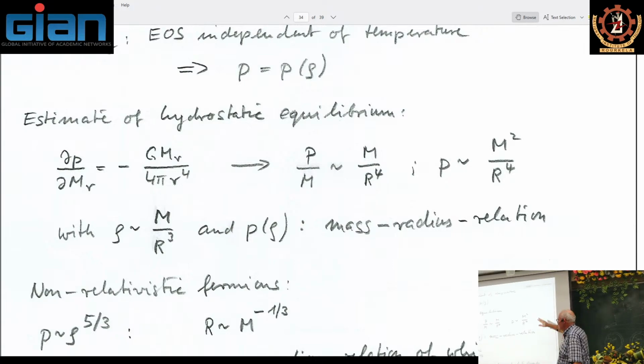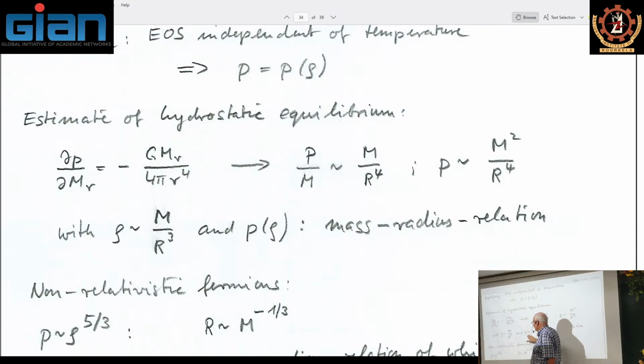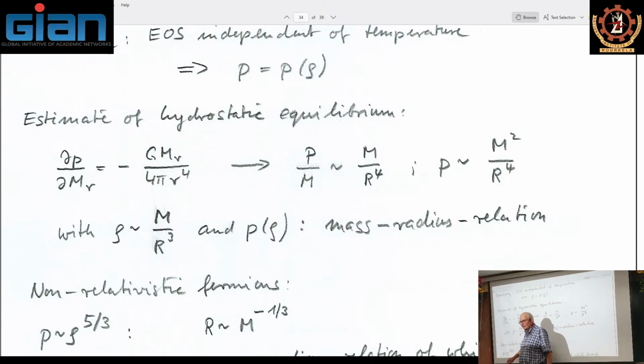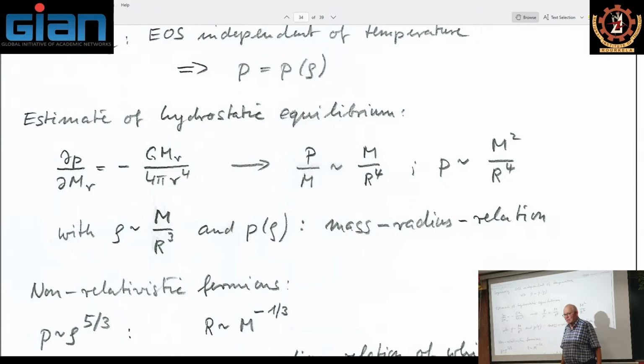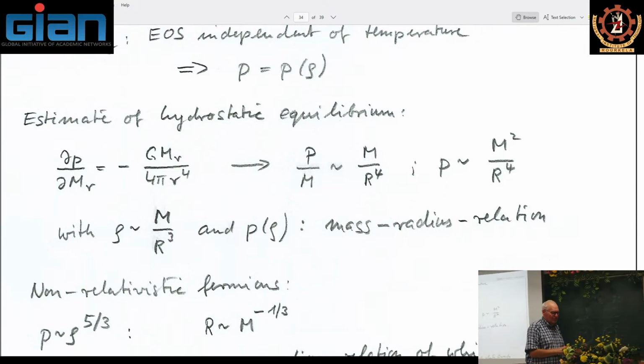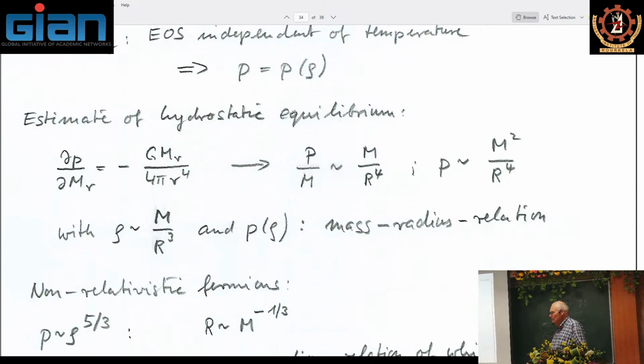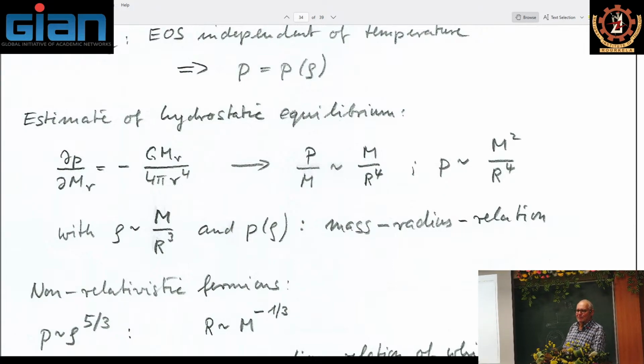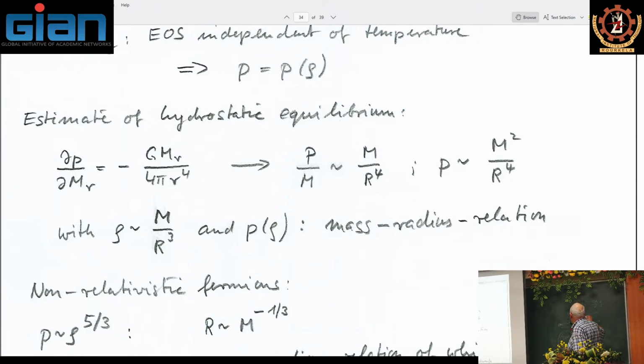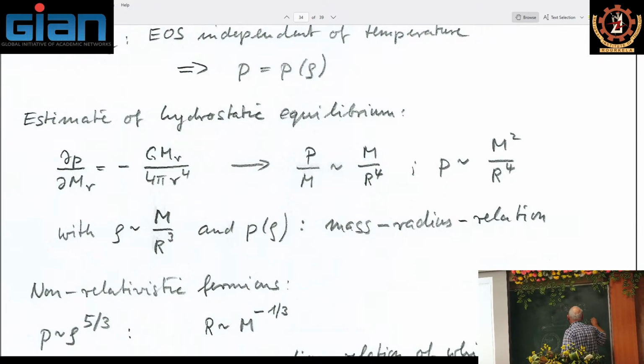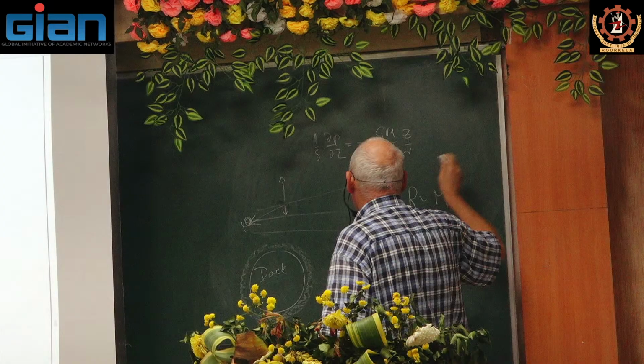Simply take these relations, assume a pressure density relation of that form, and you will end up with a mass radius relation. Do you remember the mass radius relation you have seen yesterday in Professor Yadav's talk? Yes, the radius for a normal star goes with m to the power of roughly 1.